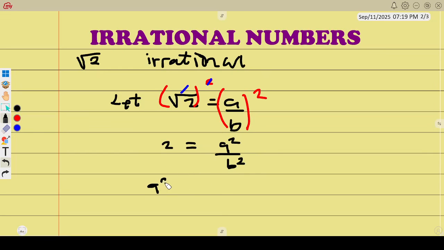So we have A squared is equal to 2B squared. Remember our 2 steps: step 1 is the square step, and step 2 is the error step.